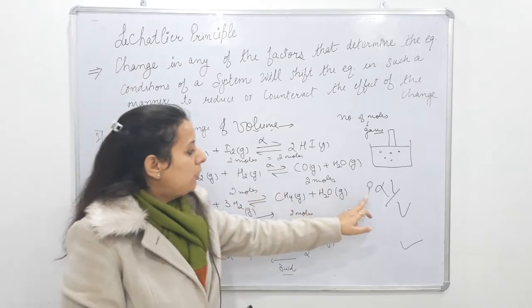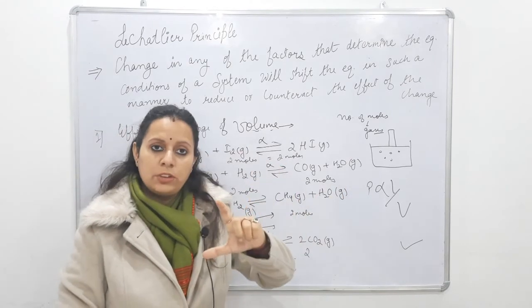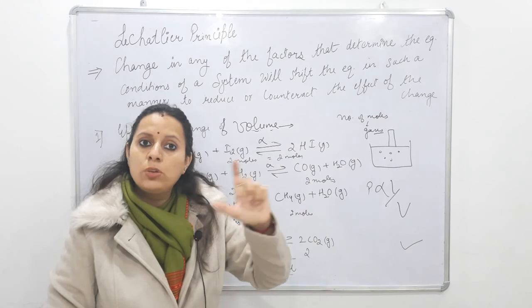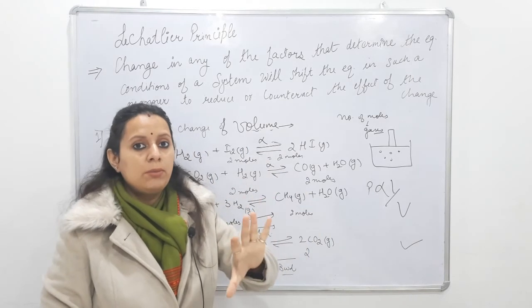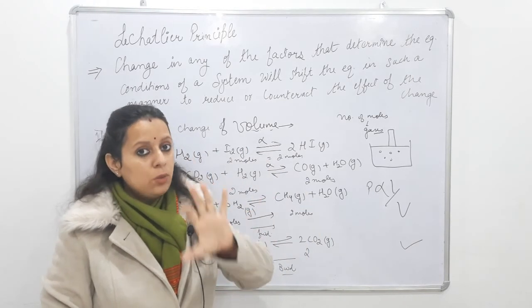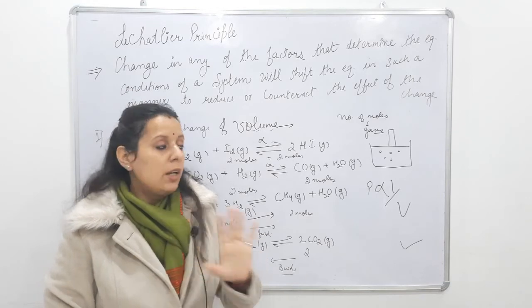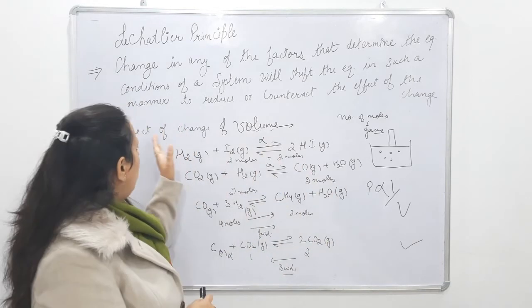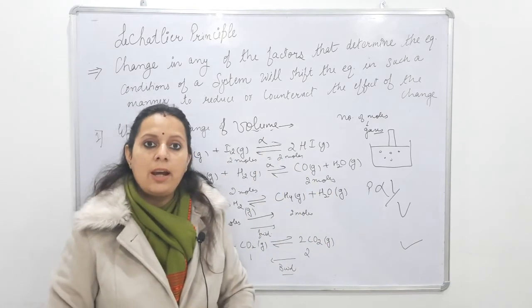That means in case of pressure, the shift of the reaction is from higher moles to lower moles, but in case of volume, the shift is from lower moles to higher moles. That is all about the effect of change of pressure and volume.